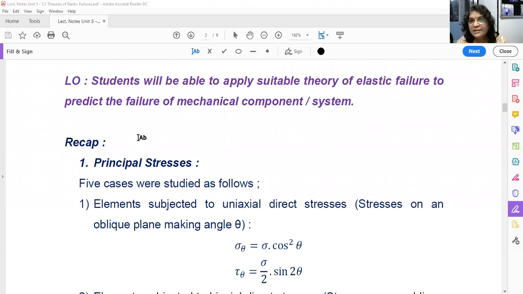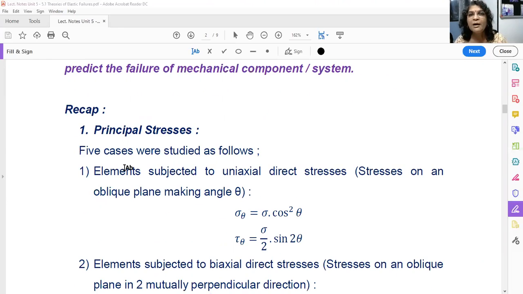Before starting the theories of elastic failure, it is necessary to quickly review principal stresses. We have learned many cases for these principal stresses. The first case is an element subjected to uniaxial direct stresses, also known as the stresses on an oblique plane making angle theta. What do you mean by uniaxial?